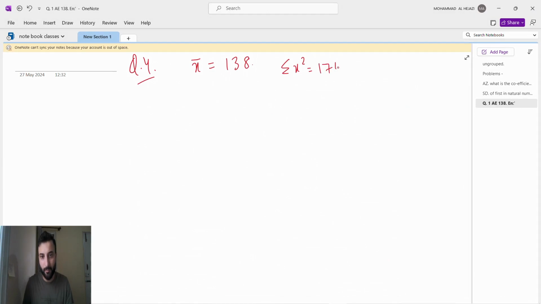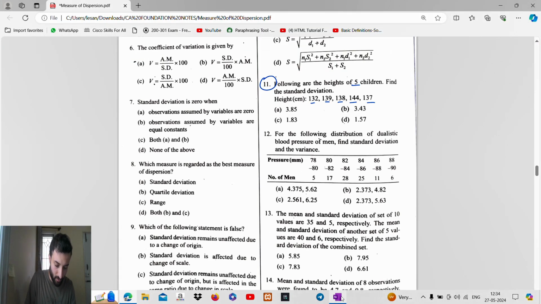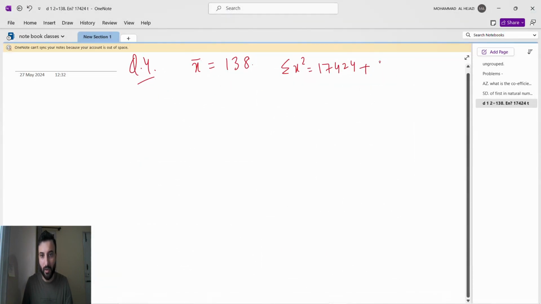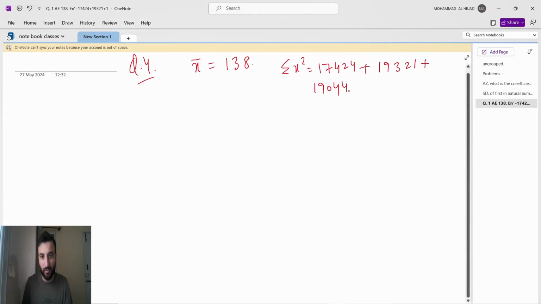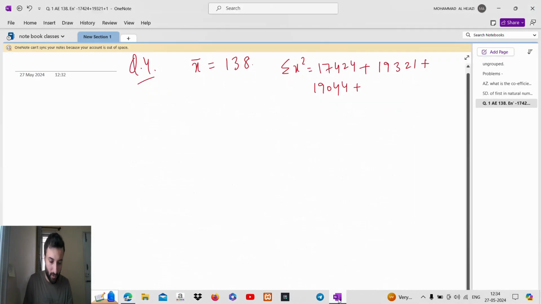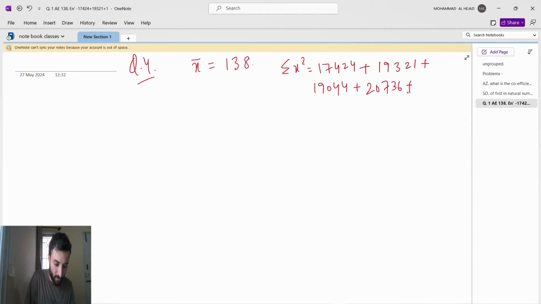So we'll do the x square. 139 into 139, 19,321 plus, then 138 into 138, it is 19,044 plus 144 into 144, 20,736 plus last is 137 into 137, 18,769.